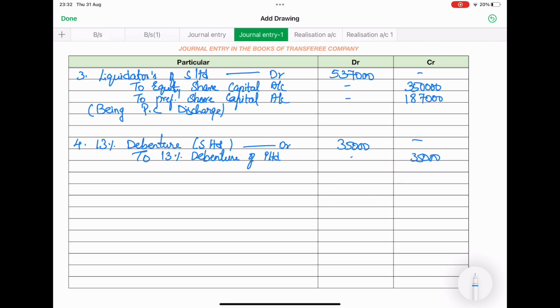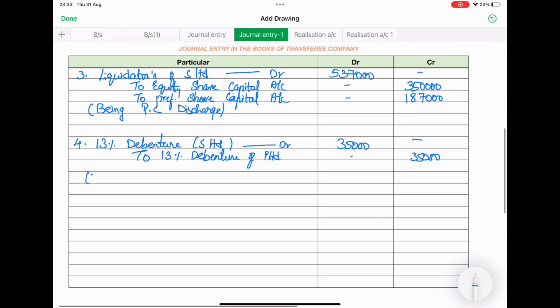So being discharge of debenture done by issue of new debentures, we can write new debentures in P Limited, isn't it? These are the basic entries that we are going to pass, isn't it?